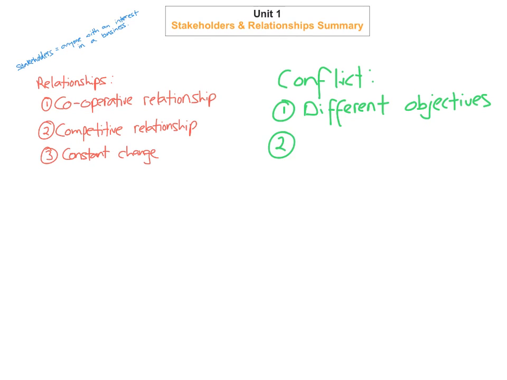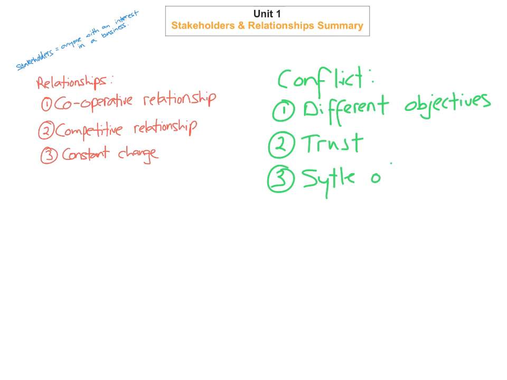Another reason why conflict may arise is because of trust, or a lack of trust. So if there's a lack of trust in the business between different stakeholders, this is going to lead to conflict. A third reason why conflict arises is because of the style of negotiation.